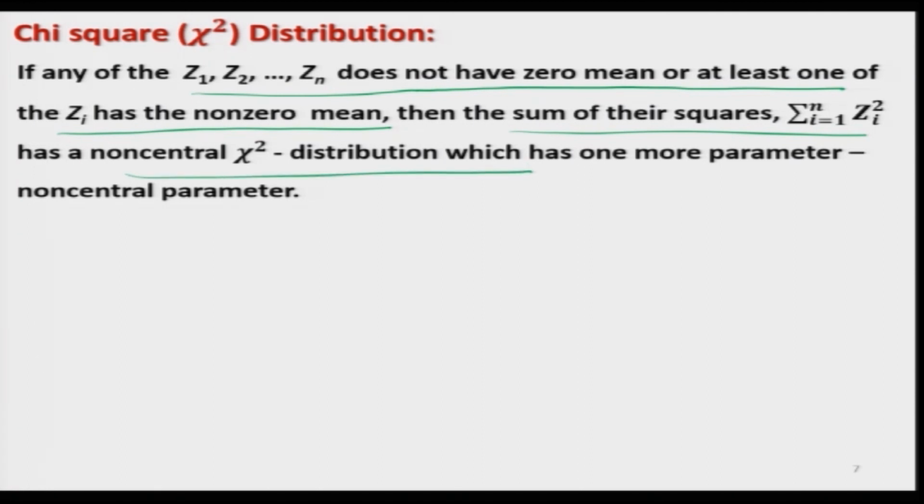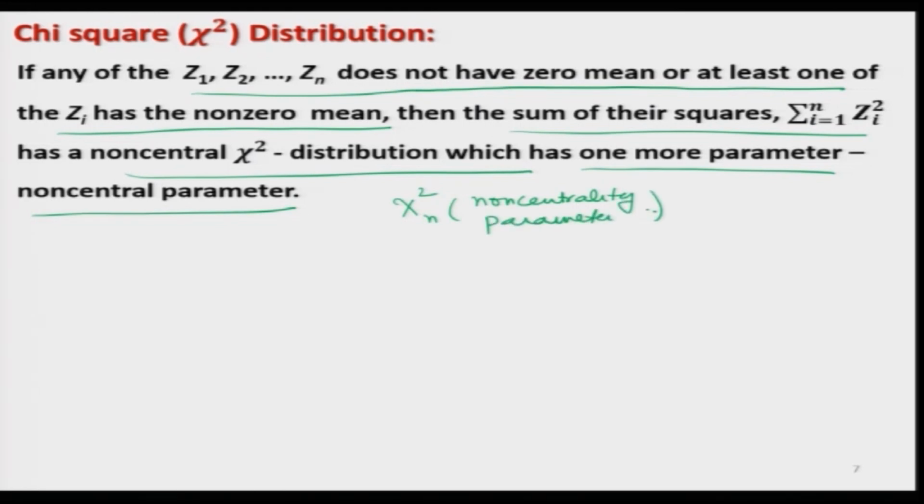And this distribution is characterized by one more parameter, called the non-centrality parameter, and we indicate it like this: chi square n, and inside the parenthesis we write the value of the non-centrality parameter, right.